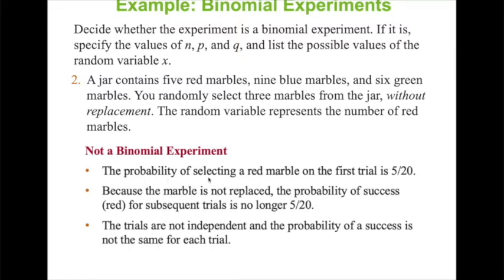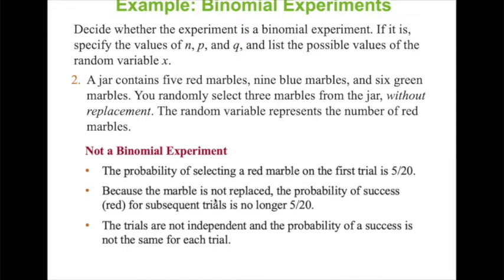The probability of selecting a red marble on the first trial is 5 over 20. Why red? Because that is the random variable, the number of red marbles being taken, so we focus on selecting the red marbles.